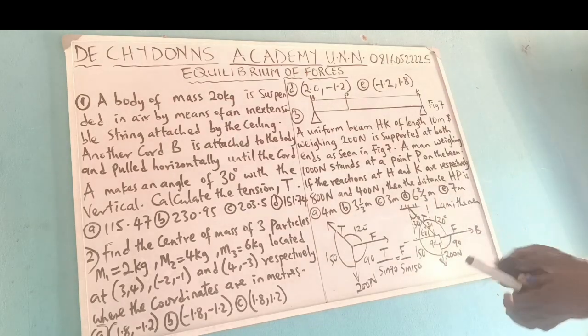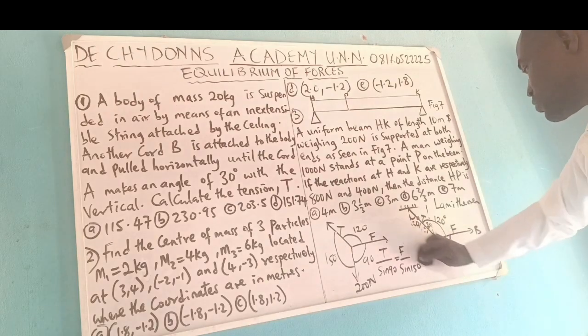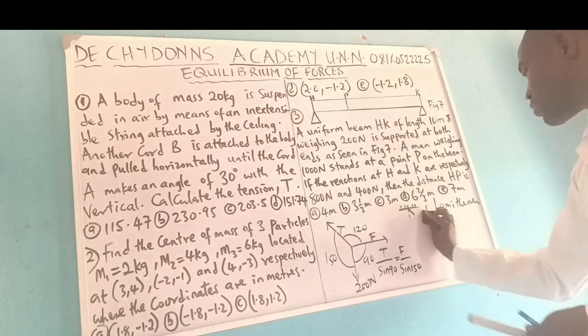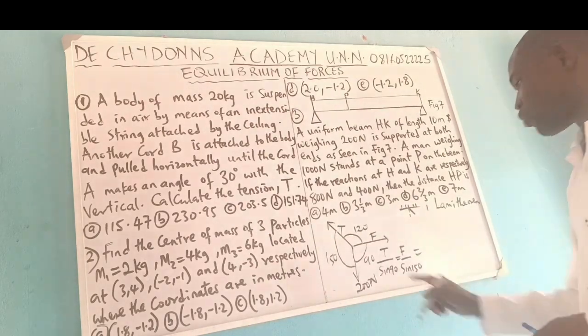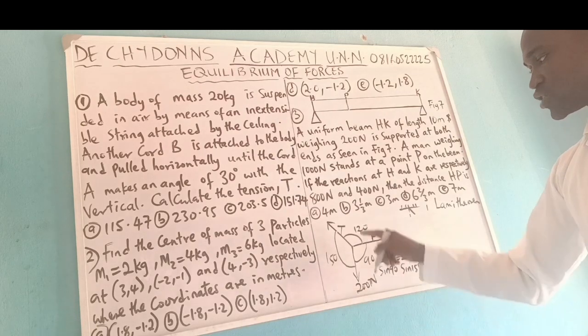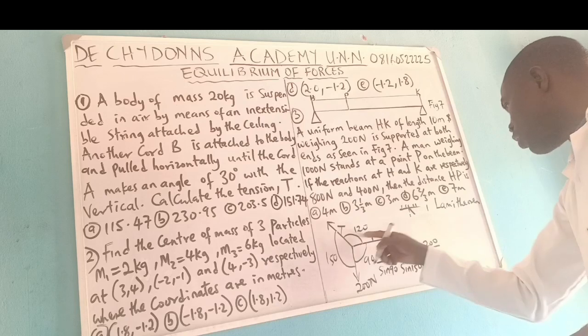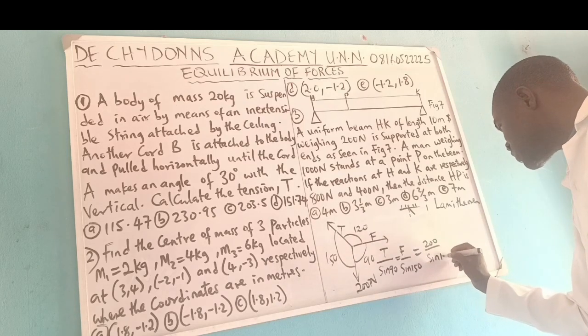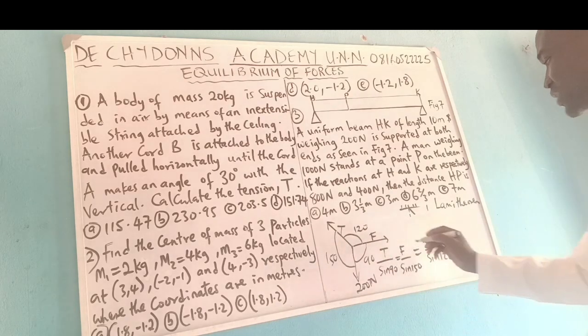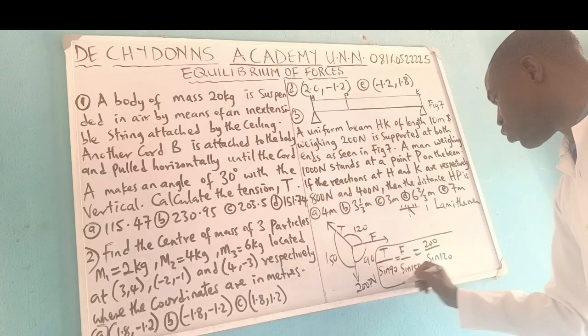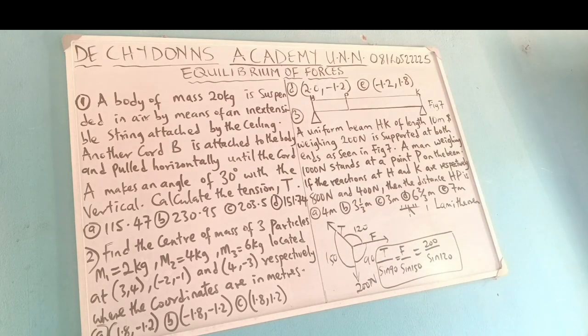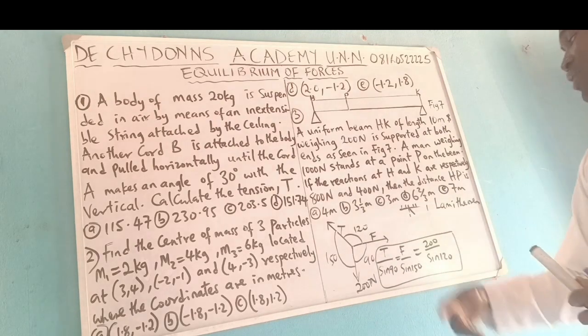Then you also say again that it is equal to this weight you are seeing, this all over this one. Weight is 200 all over sine 120. This is what we call Lami's theorem. With this, you can get your tension and your force.